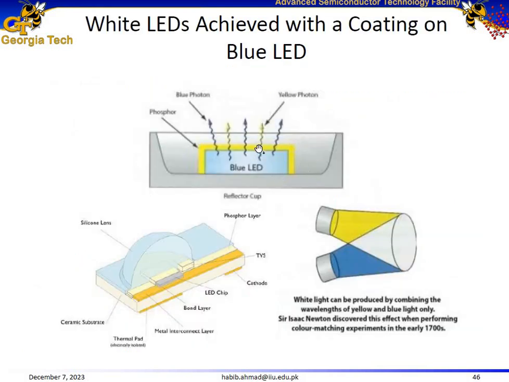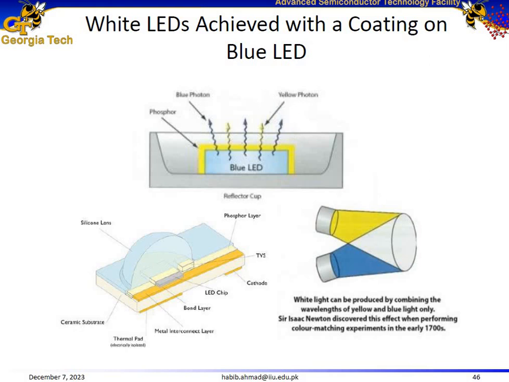The blue LED emits blue light, and part of this blue light pumps the yellow phosphor, resulting in yellow light emission. The combination of blue and yellow light gives us white light.